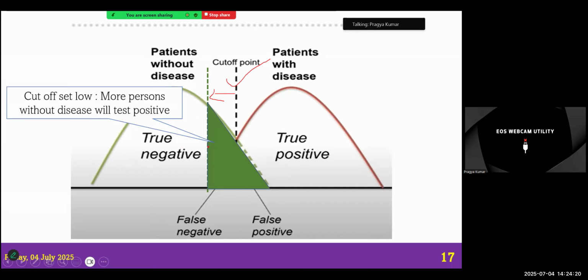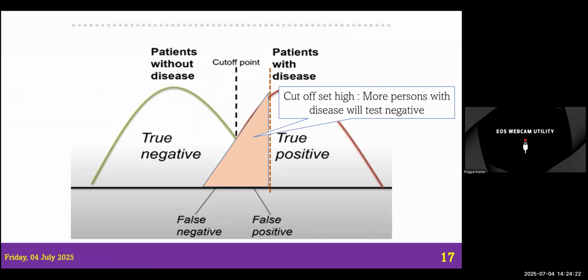Again, if you increase the cutoff, then what will happen? Definitely there will be more persons where this test will say it is negative, but they are not true negatives, they are false negatives. So that happens with increasing or decreasing the cutoff. If you decrease the cutoff, it will have more sensitivity.